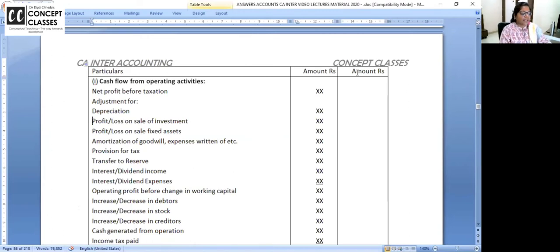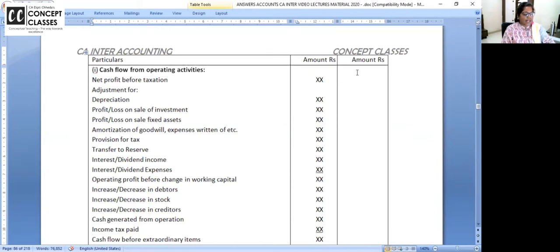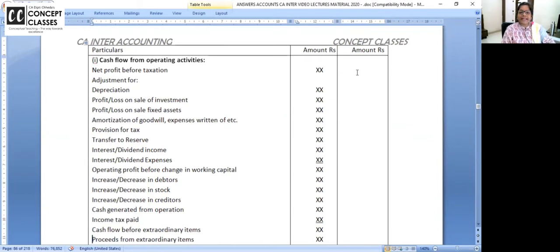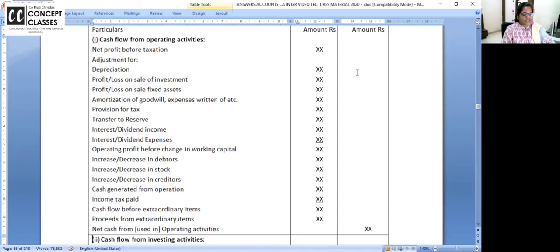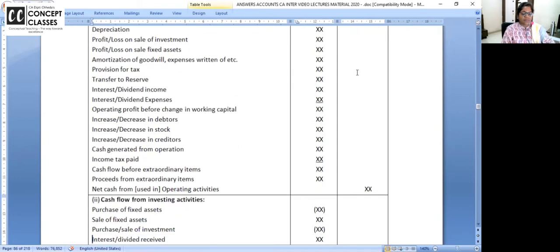It starts from net profit, add less, then the working capital changes are there. And after the working capital changes, we have the cash generated from operating activities, less income tax will give cash from before extraordinary activities and operating activities are there.